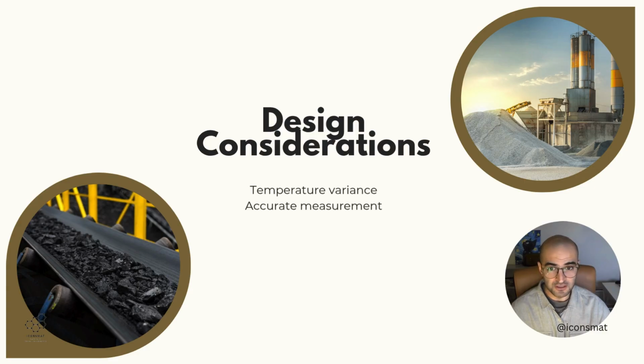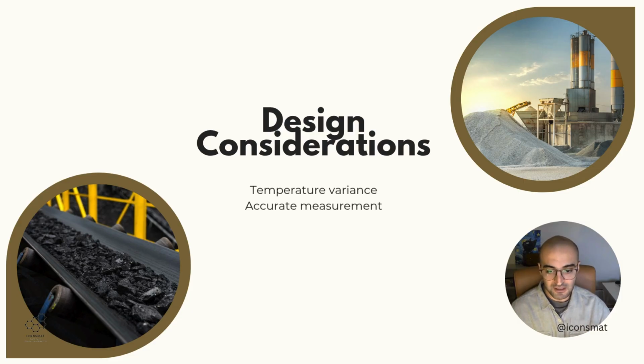And we all know that the conductance of a conductive material changes based on temperature change. So if the temperature rises, the cross-sectional area of the conductive material would change, and that would affect the final reading.